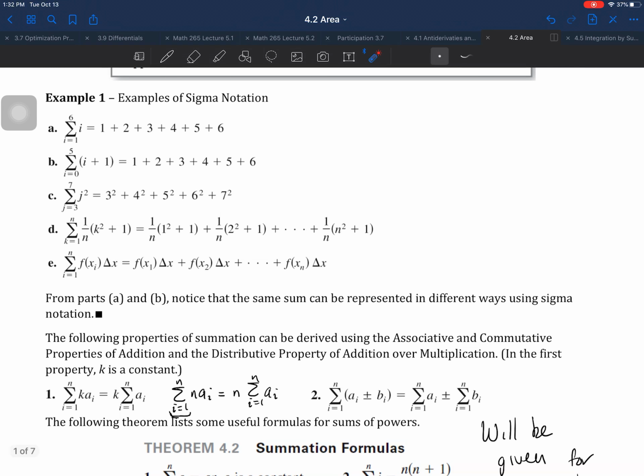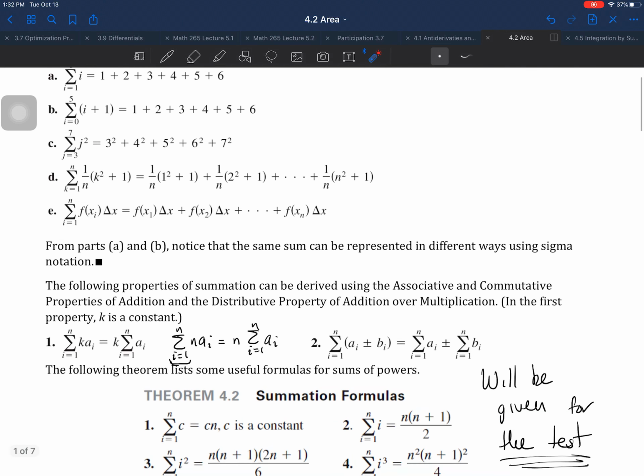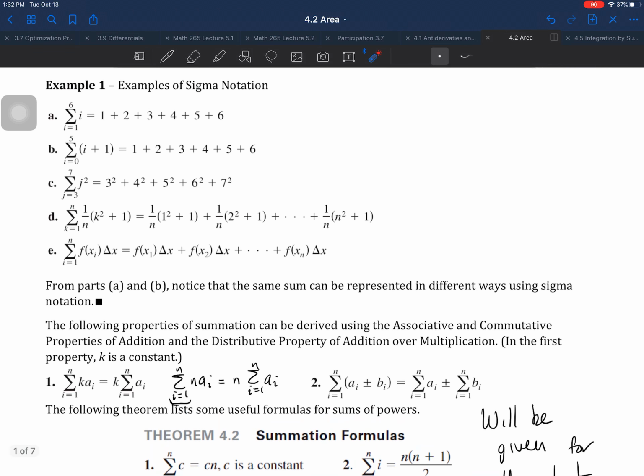Like over here. If you notice, this example is starting at 1, right? And instead of adding all those terms, what you can do is use the sigma notation up here, and we just follow the formula that we have here.